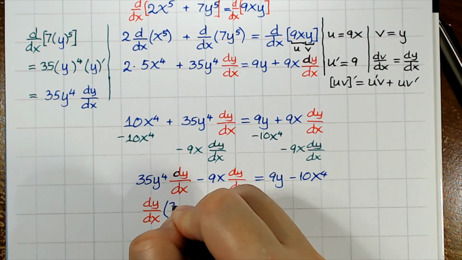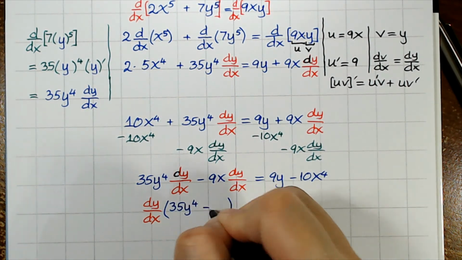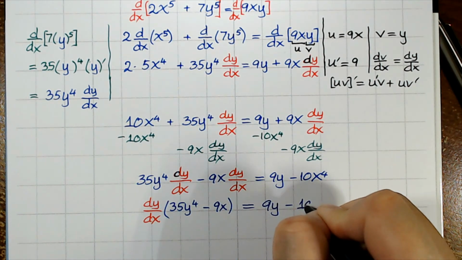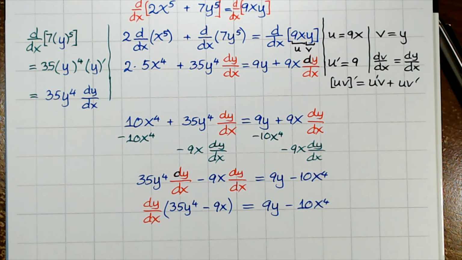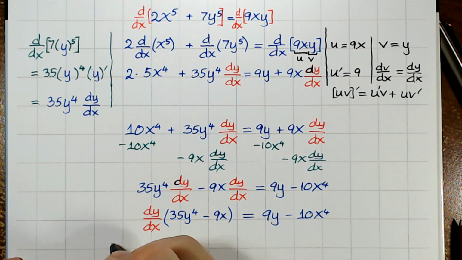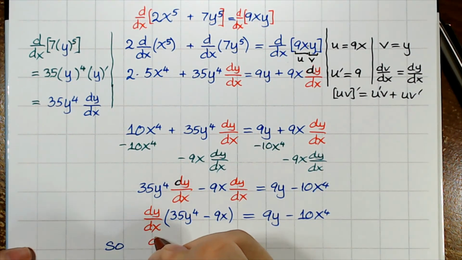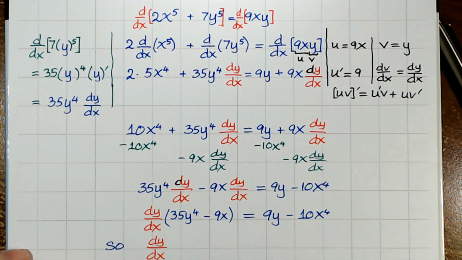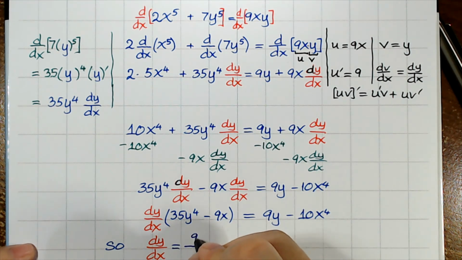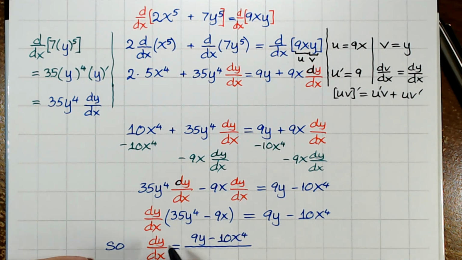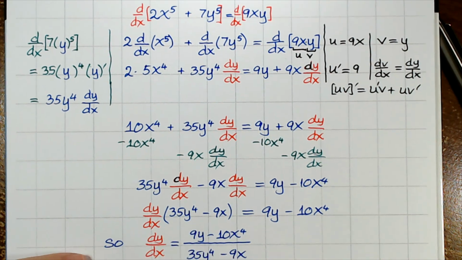Inside we will have 35y to the 4th power minus 9x equal to 9y minus 10x to the 4th power, and then divide by the parentheses. So that's what we have. So dy over dx equals 9y minus 10x to the 4th power over 35y to the 4th power minus 9x. So that's what we have.